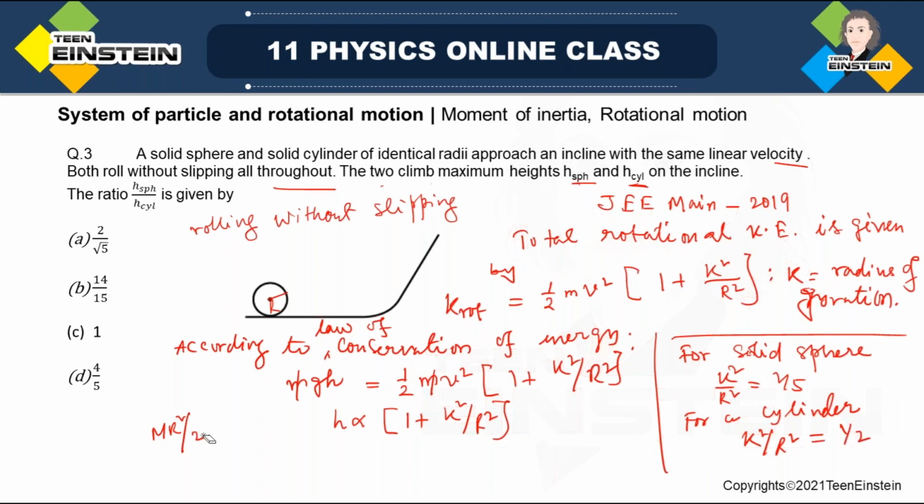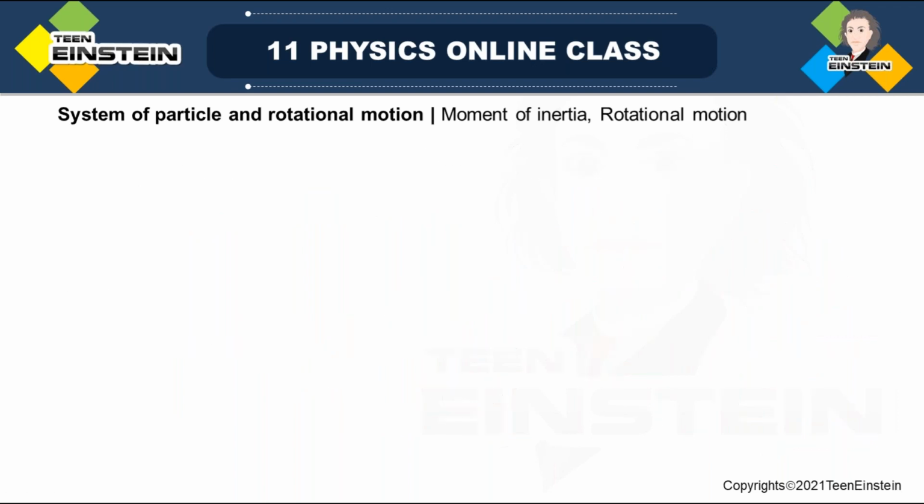Okay, so these two values if we put, look, I'll go to the next page. So h sphere is 1 plus k square by r square. So this can be written as 1 plus 2 by 5.